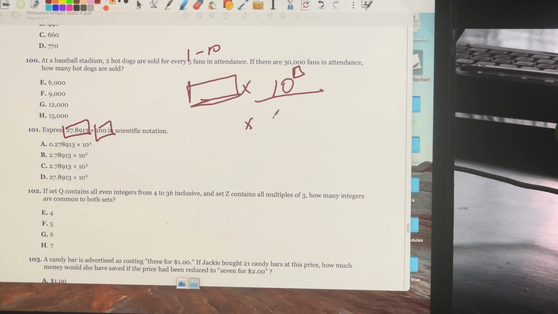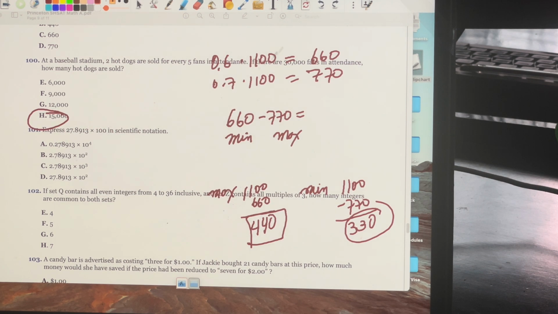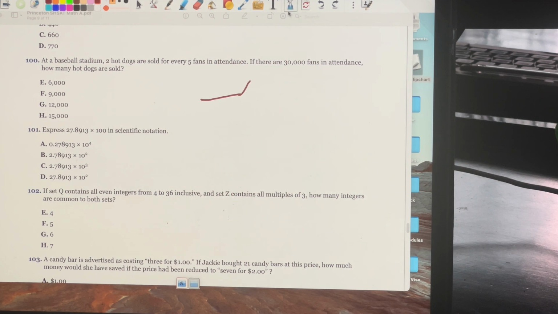So if you take this apart and break it up into two parts, 27.8913 times 100. Well, that 100 has to look like this. And we're still not done.